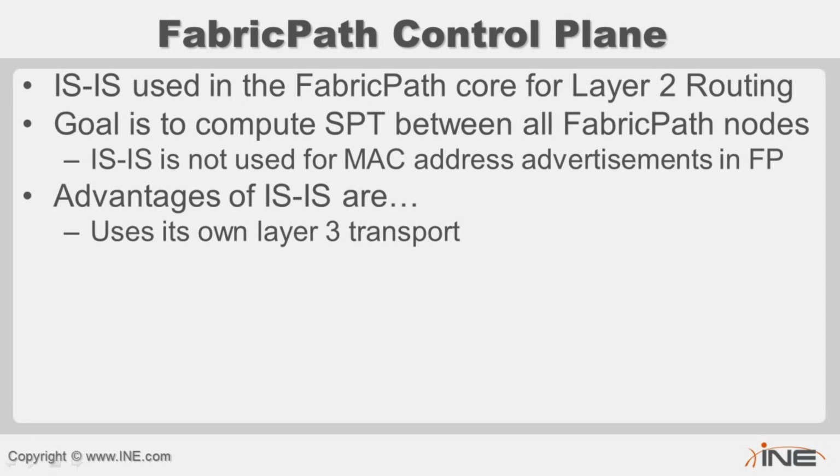It is not an IPv4 or an IPv6 protocol. So this means that we do not need to run IP in the core of the layer 2 topology. Now, if we were using IS-IS for regular layer 3 IPv4 or IPv6 routing, then of course we would need to have IP configured. It's the same logic as if we were using OSPF for routing. But in this case, we're using it for routing layer 2 over layer 2, or our MAC-in-MAC routing.